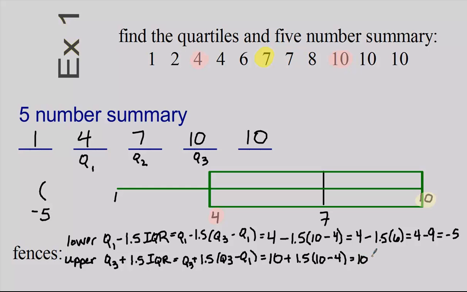So I have 10 plus 1.5 times 6, or 10 plus 9, which is 19. Kind of out of room on my box plot, but if I were to put that number in as best I can and still have it fit on the screen, I would have a fence at 19. Nothing showing outside the 10, so I do not have to mark it as an outlier with an asterisk.